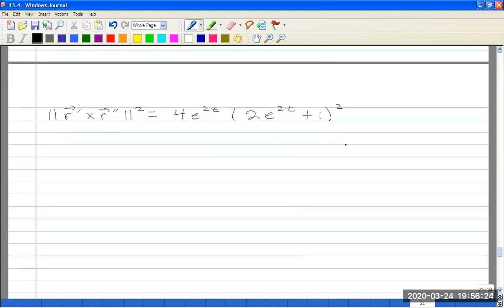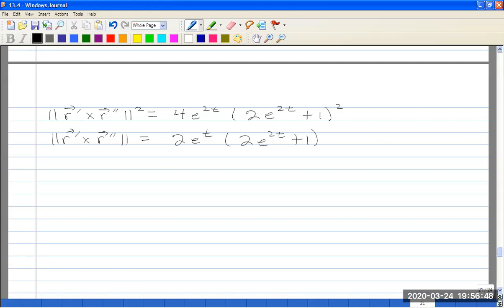Okay, and so the norm of r prime cross r double prime is 2e^t times (2e^{2t} plus 1). Again, everything here is positive, so I don't have to worry about absolute values.